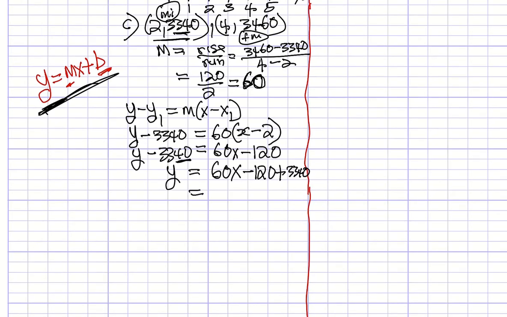We simplify the right side: we get 60x plus, we subtract 120 from that, you get 3220, like that. I think so. That's what you get. But anyway, this is the slope intercept form. It's in slope intercept form now. The slope is 60, the intercept is right there.